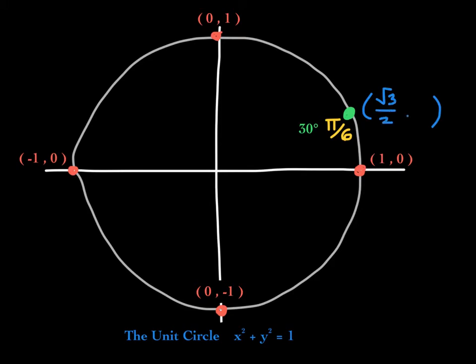The y-coordinate is sine of s, that is to say, sine of pi over 6, or 30 degrees, which is 1/2. So these coordinates here, these are real numbers, these are function values for cosine of 30 degrees and sine of 30 degrees. Or if you prefer radians, cosine of pi over 6 and sine of pi over 6.